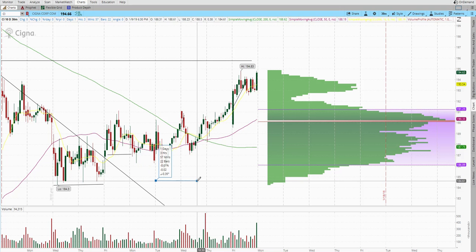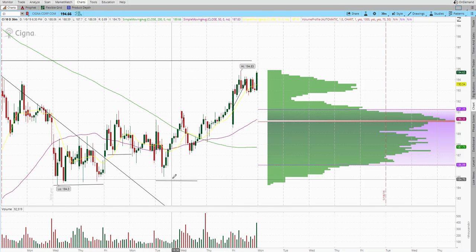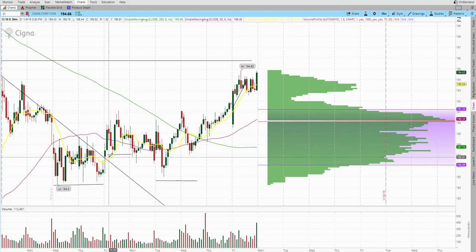So I said to myself, against this 184, 185 level, I would try to get long. And so that's effectively what I did. As this consolidation area continued to rise, i.e. prices were being accepted higher and higher, I was looking for a breakout of this region at around 190.